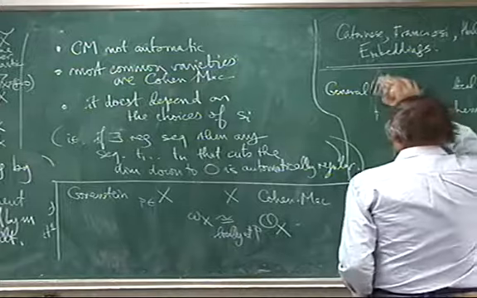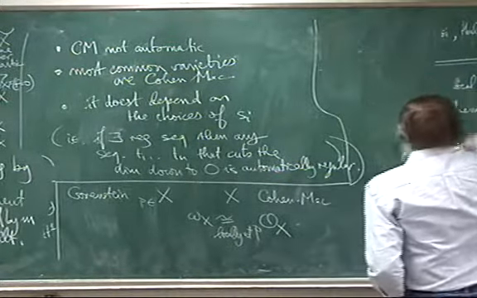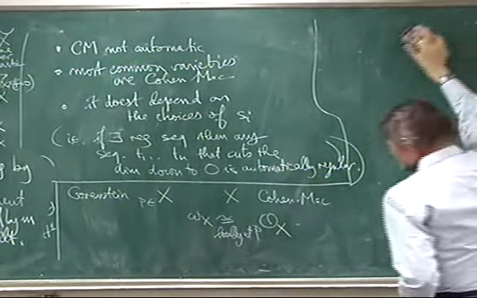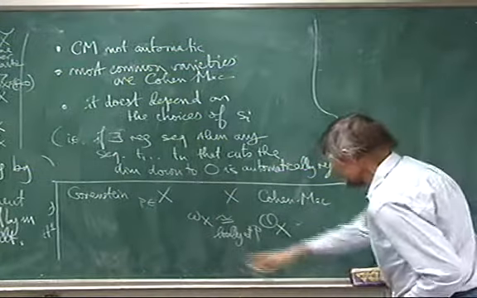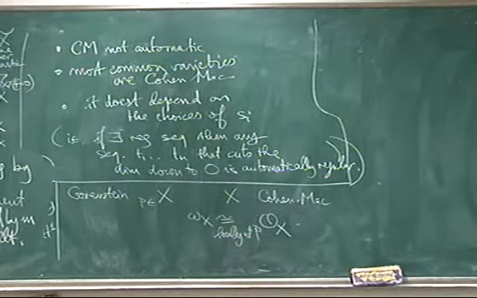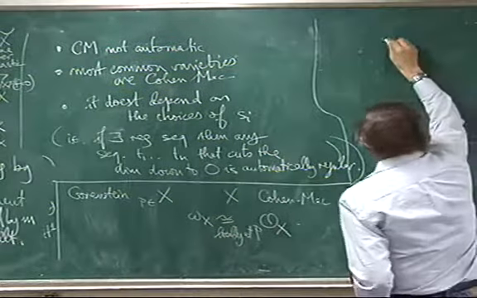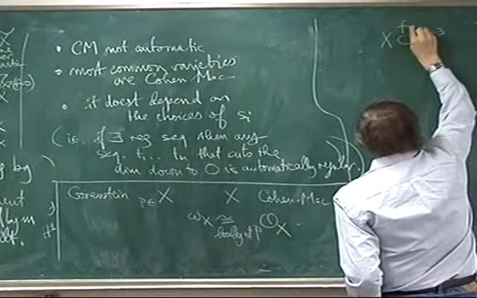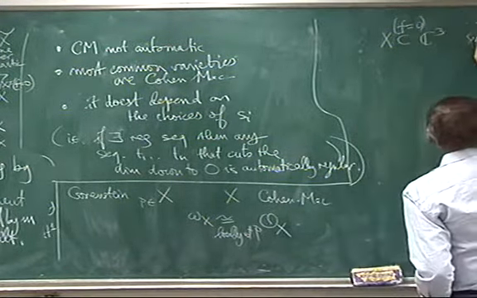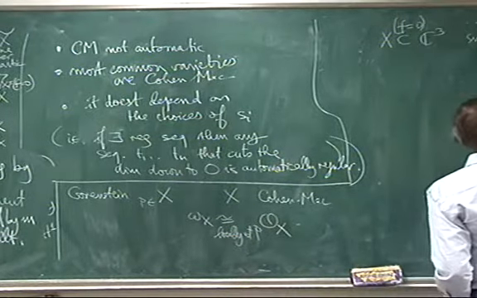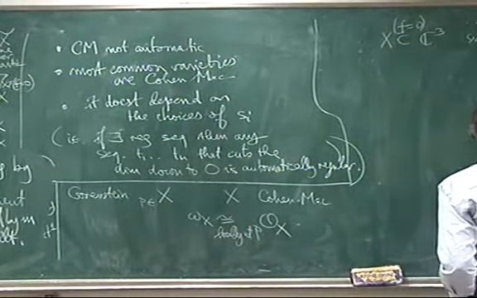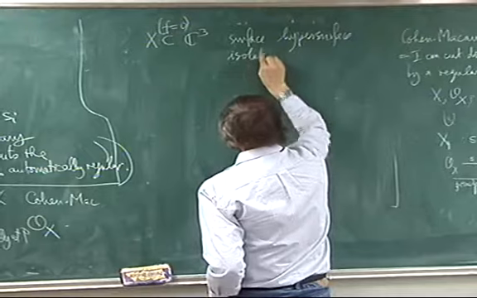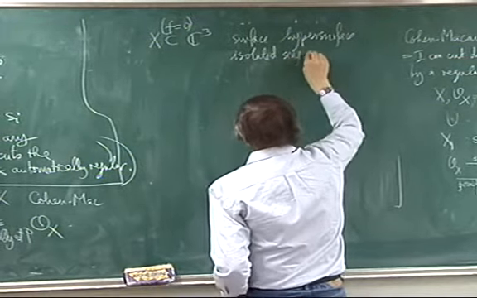So the key thing is if I have a hypersurface. I'm going to tell you what omega X is in a while, but for the moment let's just take a common sense approach to it. Omega X is something. So let's suppose that X in C3 given by f equals 0 is a hypersurface, a surface, and that it has an isolated singularity at the point P.